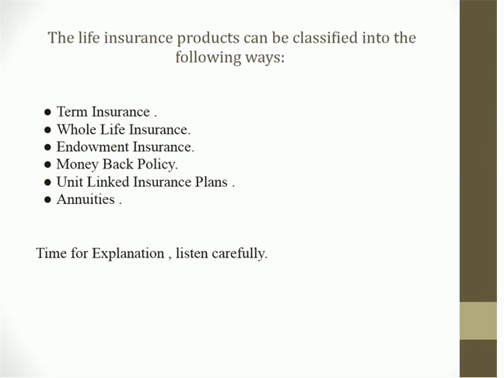Then the last type of life insurance products are annuities. An annuity is an arrangement of regular payment of an agreed amount of money by the annuity provider to the annuity buyer in exchange of the lump sum payment of an agreed amount of money in advance by the latter. Such payments may be for a particular period or for the lifetime of the annuitant, depending upon the provision of the annuity contract.